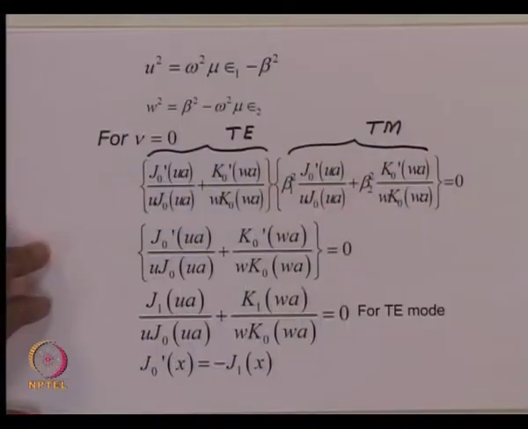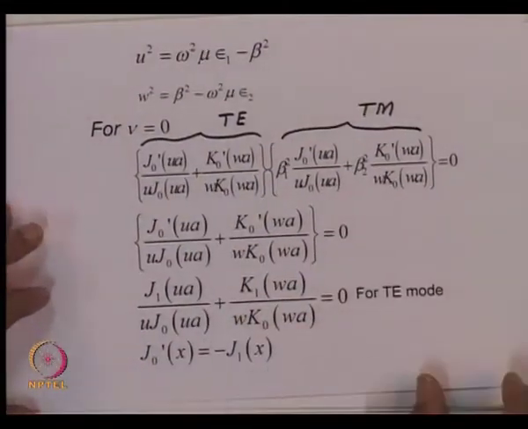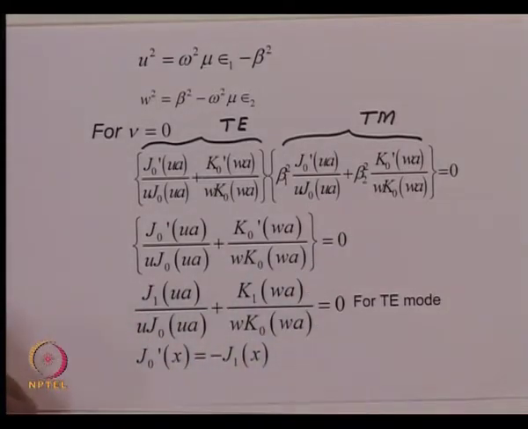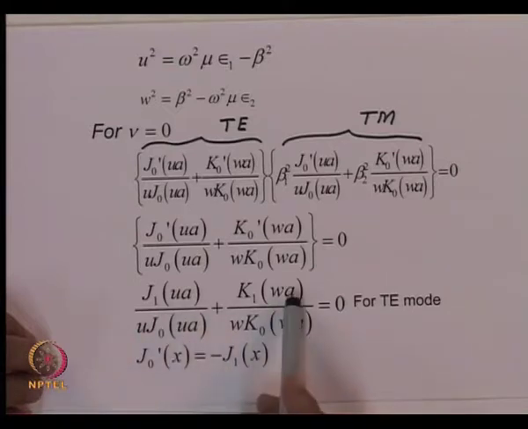So if I now take this characteristic equation and solve it, immediately it will be clear that this equation has multiple solutions. Why multiple solutions? Because J1 and J0, both these functions, are oscillatory functions. They cross 0, they become negative and so on. So essentially, depending upon the value of A, you will get multiple solutions to this problem.